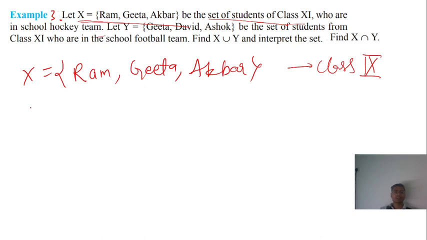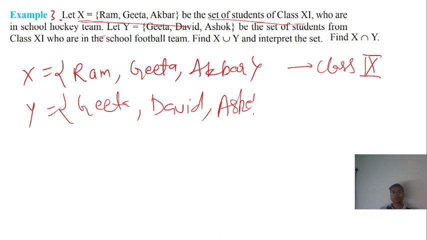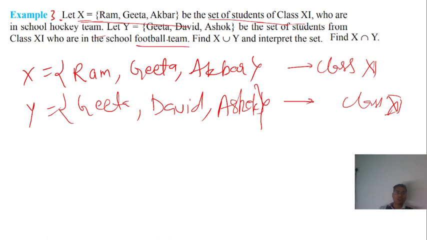Then another set Y: Geeta, David, and Ashok. They are also from class 11, and they are in the football team, and they are in the hockey team. So class 11 hockey team and class 11 football team.